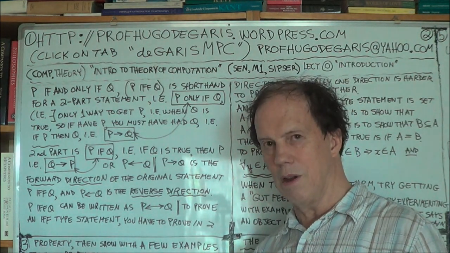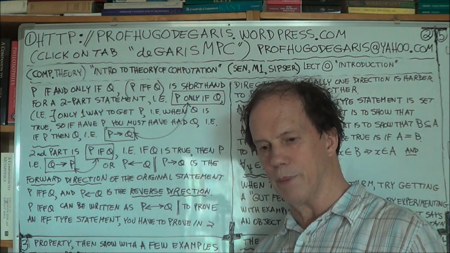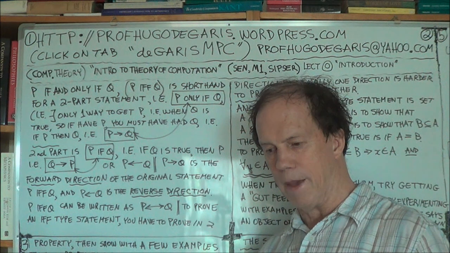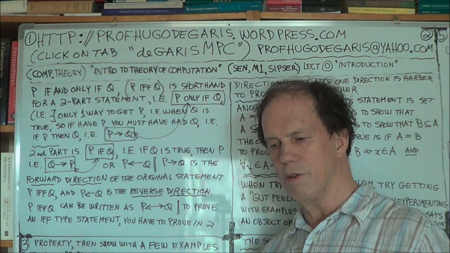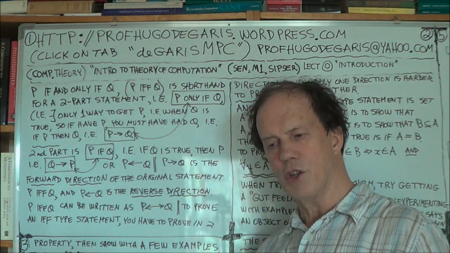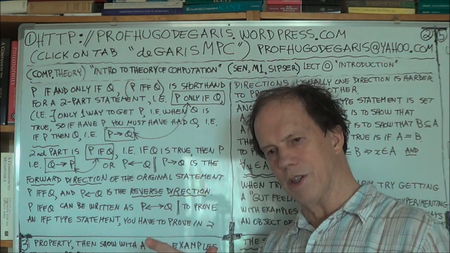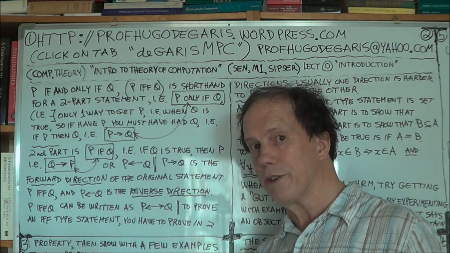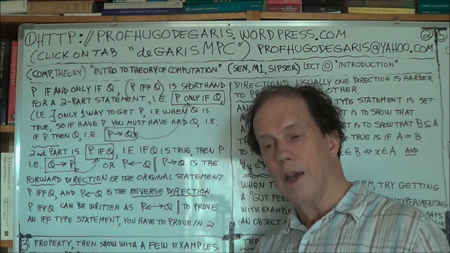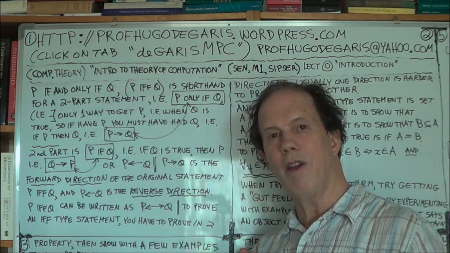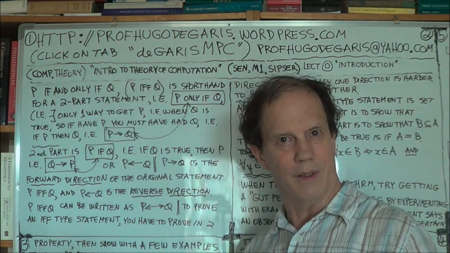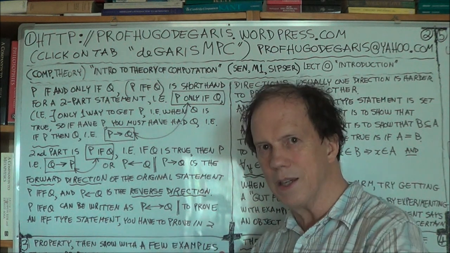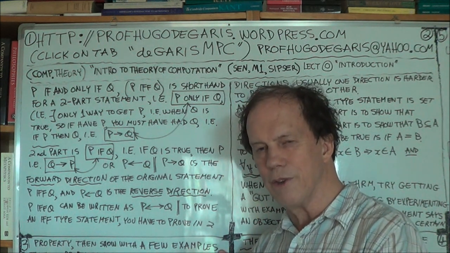So often when you're trying to prove something, and you're not sure whether a statement is true or false, sometimes it's easier to go hunting for a counterexample initially, because if you find one, then you don't have to bother trying to prove it.